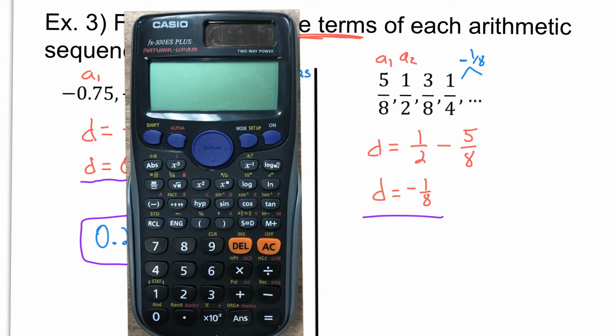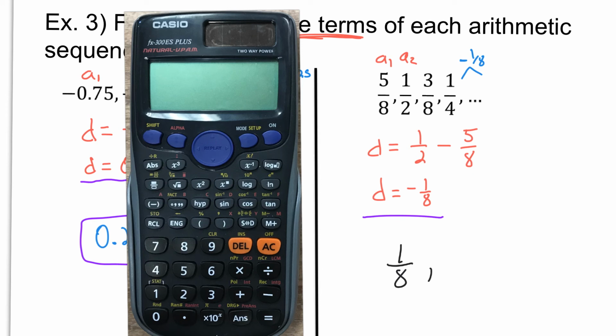And then you guys have another fraction, 1/8, so you subtract fraction, 1 on the top, 8 on the bottom, and then you press the equal sign. So let me just subtract using the calculator. So when I subtract 1/4 minus 1/8, I got positive 1/8.